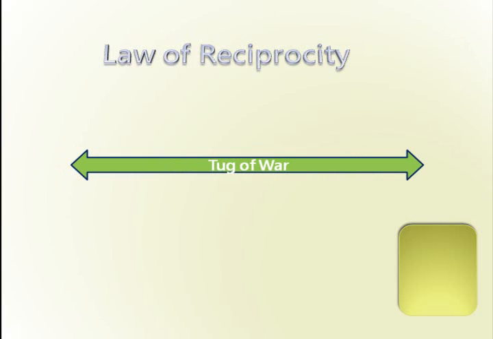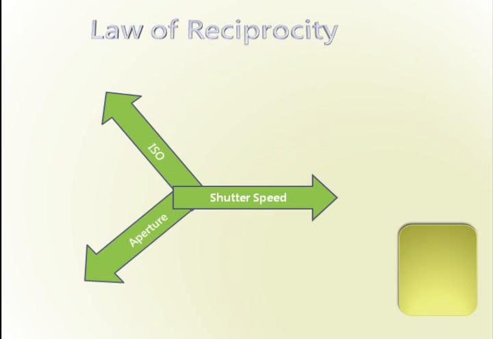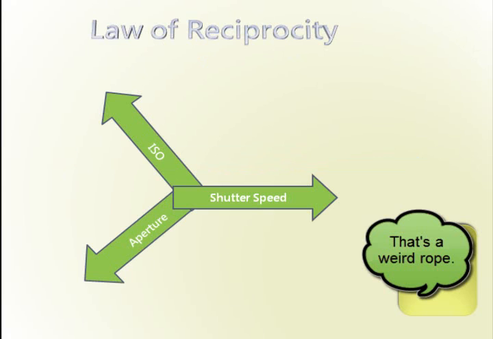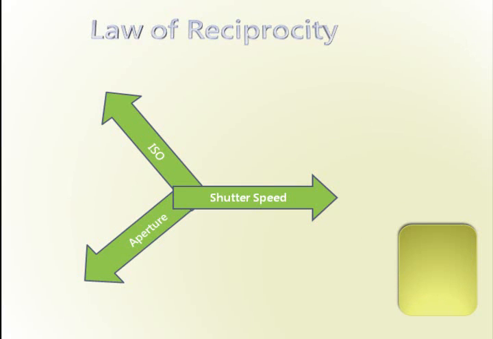It's always the same length, and this is the same with your law of reciprocity. Only you have not one long rope, but you have a rope that goes in three directions, and you have them pulling in three different directions. You have your ISO, your shutter speed, and your aperture.